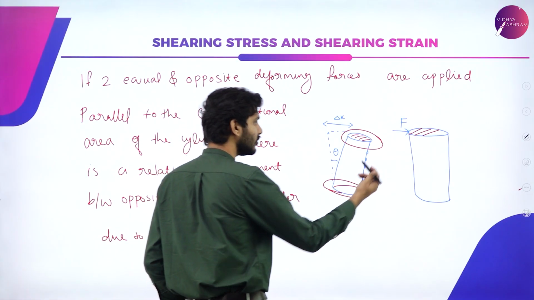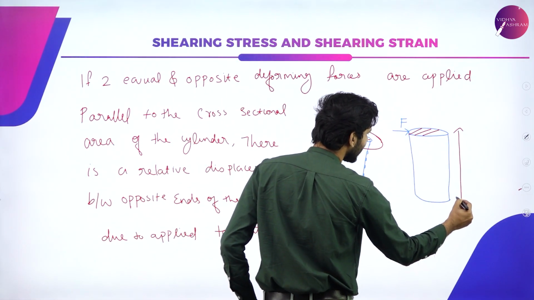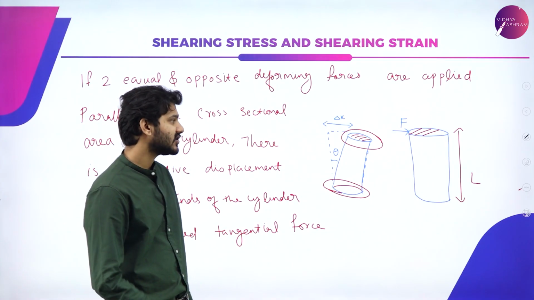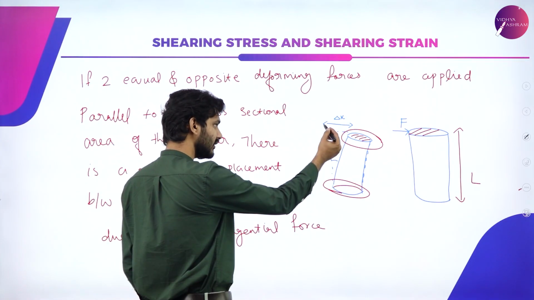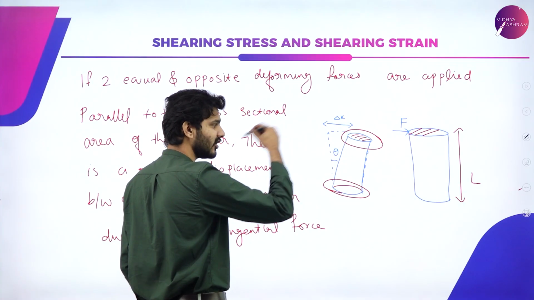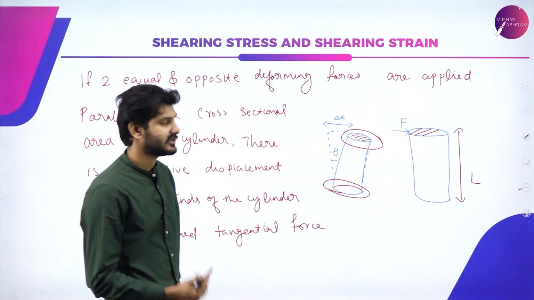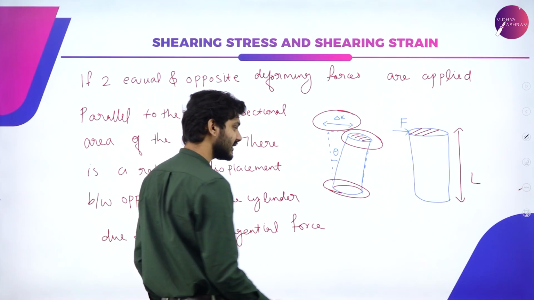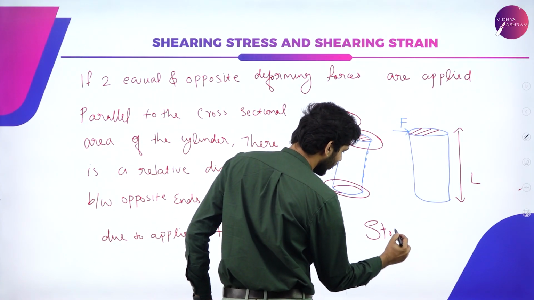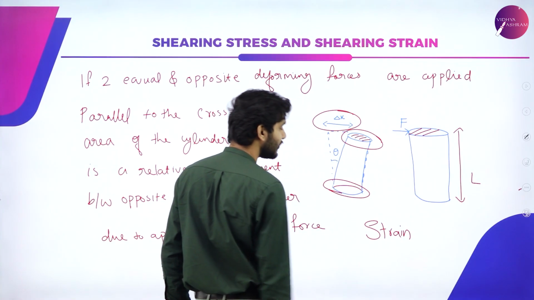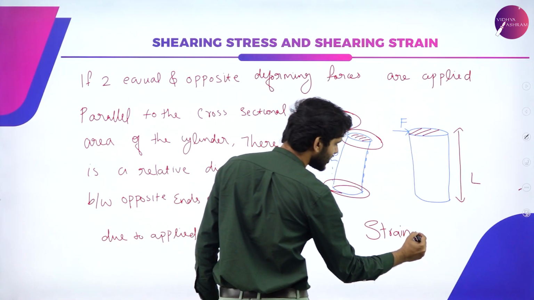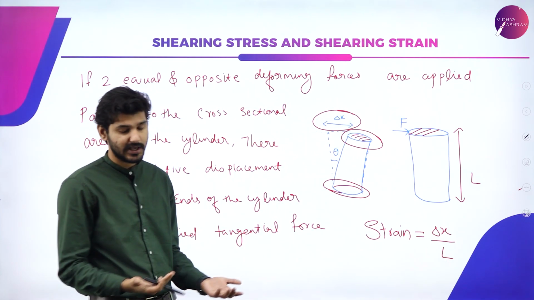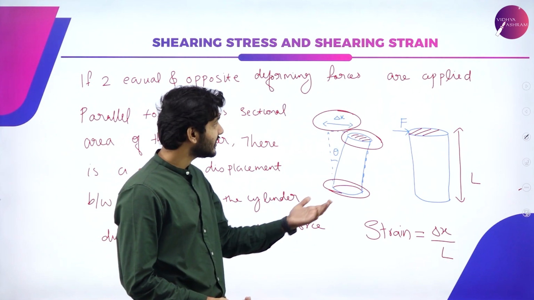The original dimension is the length of this particular cylinder, which we'll take as L. And the change in dimension is the relative change in the displacement of these particular faces. Let's say that displacement is delta x. Then shearing strain is equal to delta x divided by L. If I take that ratio, you will get the shearing strain.